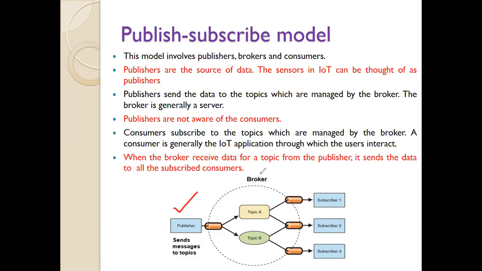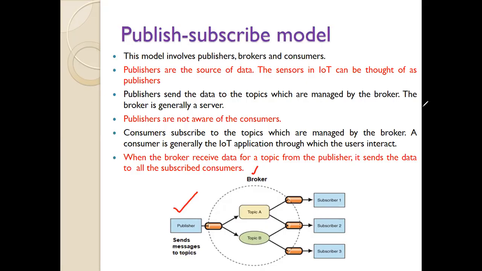So these topics constitute a broker. So here we have publisher, broker, and subscriber. The publisher publishes the information, publishes the data, the broker receives that data, and when a subscriber subscribes to that data, then the broker transmits that data to the subscriber. So the publisher sends the data to the topics which are managed by the broker.